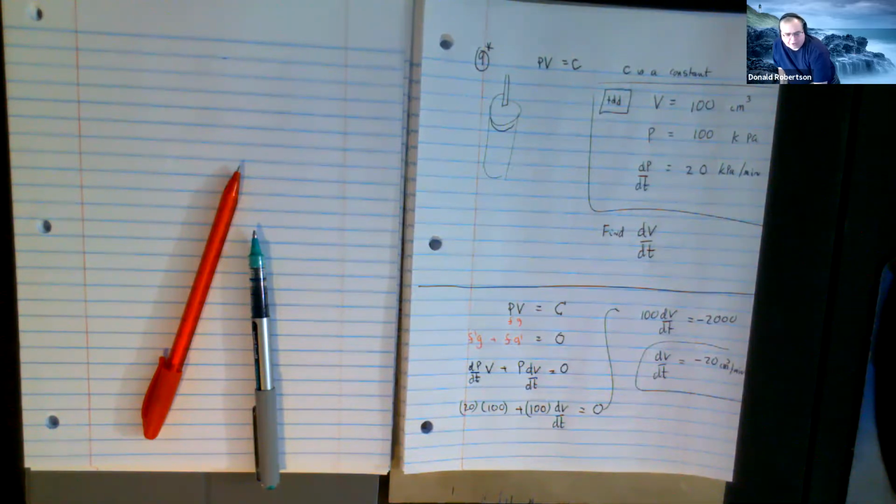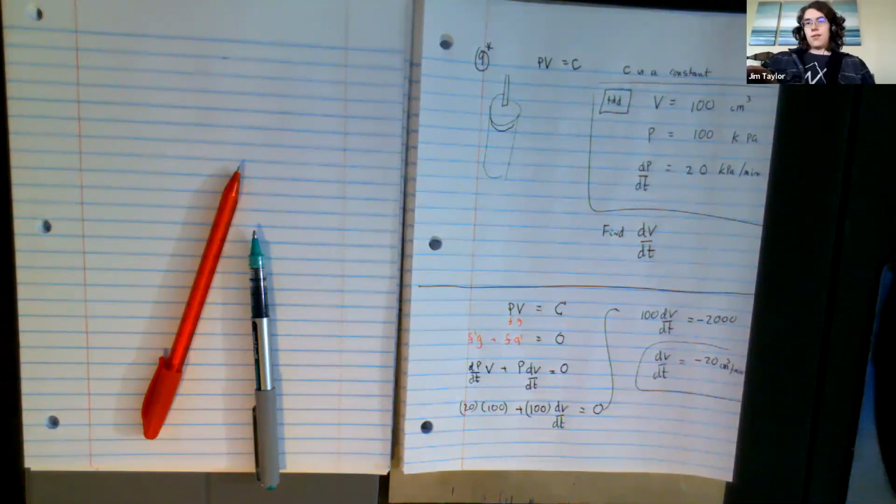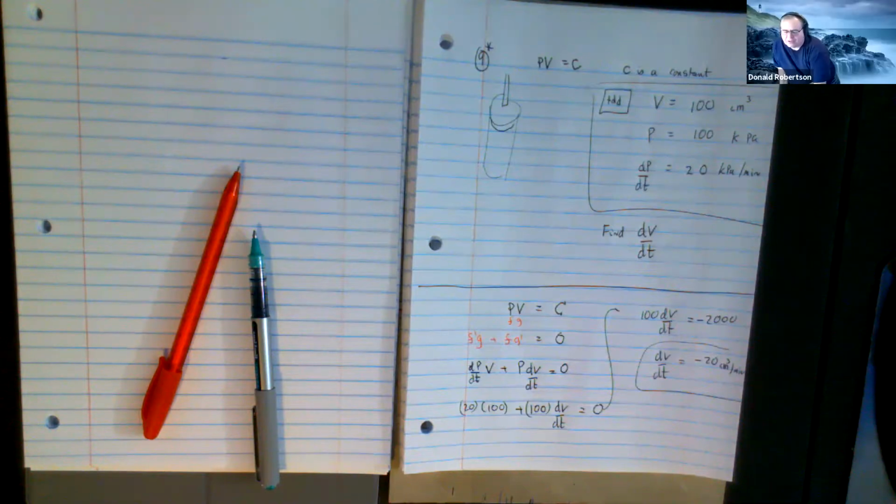What happens when you compress a gas? What happens to the temperature? It increases. Yes, it gets warmer. So I can't remember what it is. Is it PVT equals a constant? Is it PV over T? I can't remember.